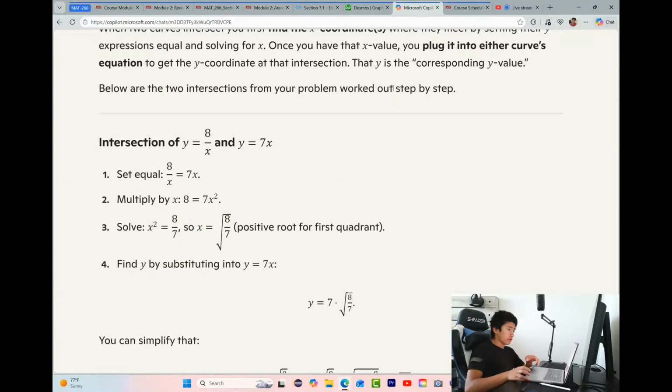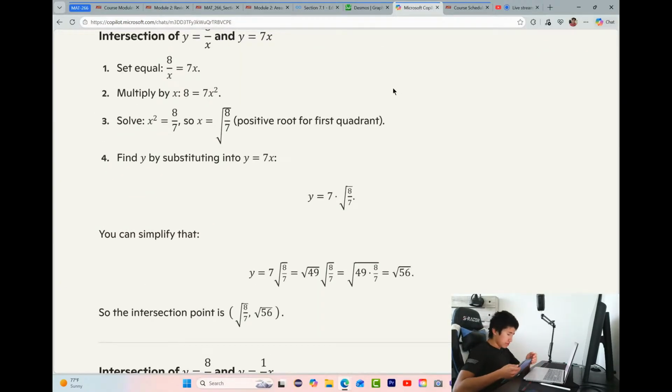Intersection of y equals 8 over x and y equals 7x. Set 8 over x equals 7x. Multiply by x both sides, you get 8 equals 7x squared. Divide by 7 both sides, you get x squared equals 8 over 7. So x equals square root of 8 over 7. Find y by substituting into y equals 7x.